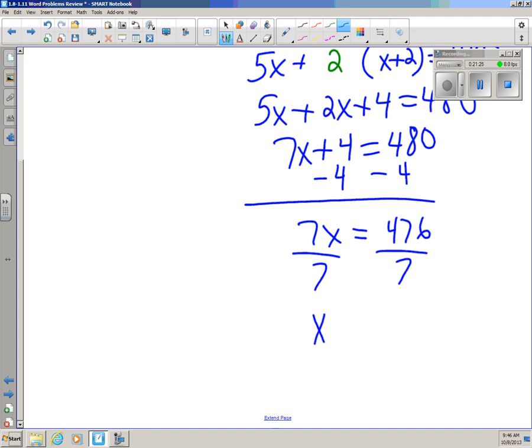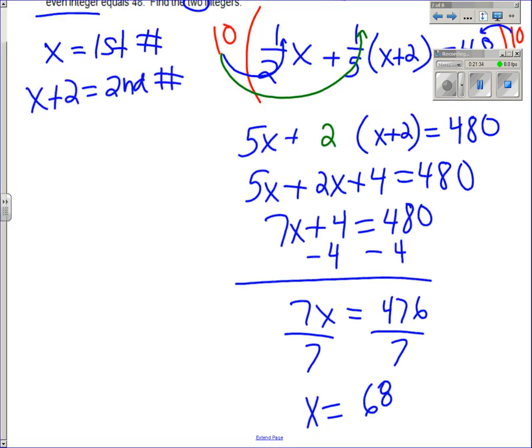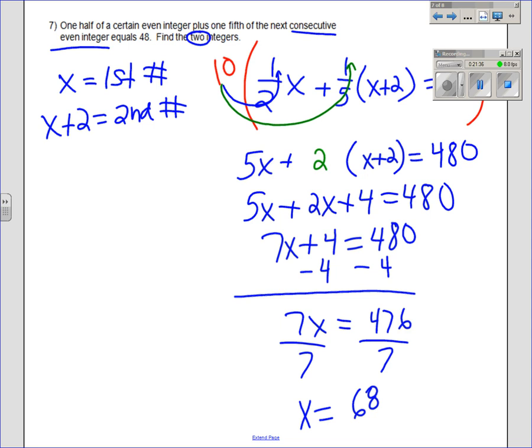Divide by 7, x equals 68. Well, what does this thing want me to answer? What is it asking me to do? Let's go here. Find the two integers. Oh, that's easy. Well, then the first integer must be 68, and the second integer must be 70.